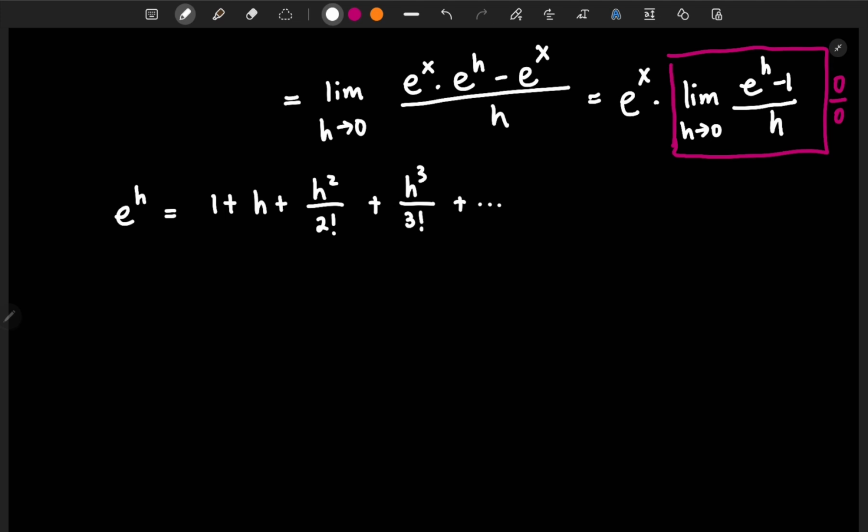And subtract 1, let me just move 1 to the other side, we would get e to the h minus 1 is equal to all of these on the right side.